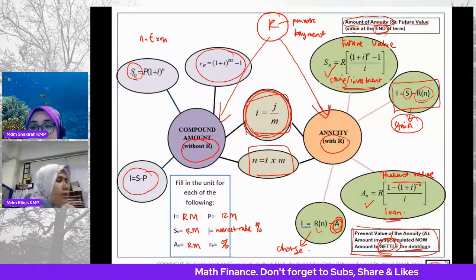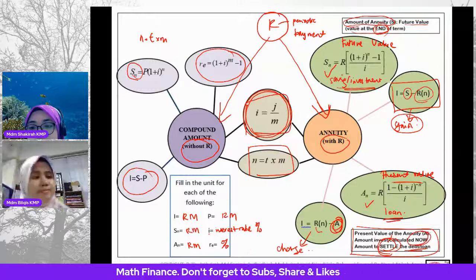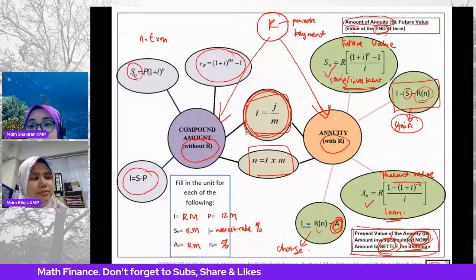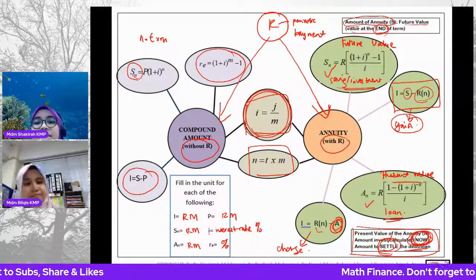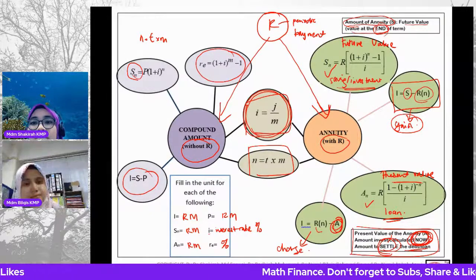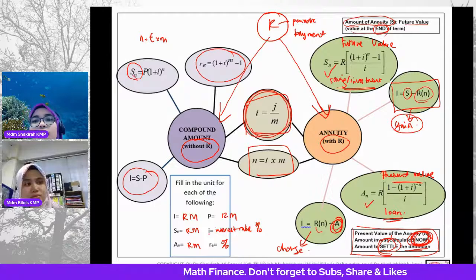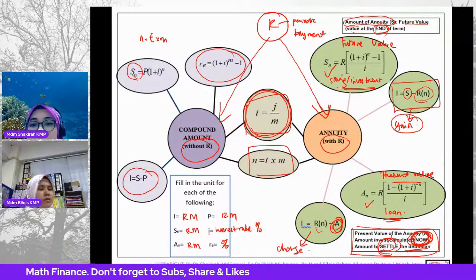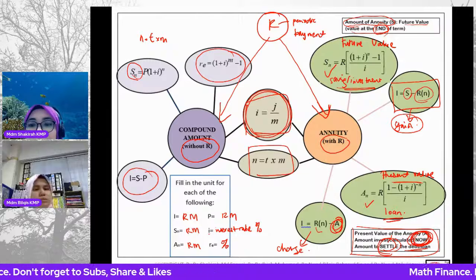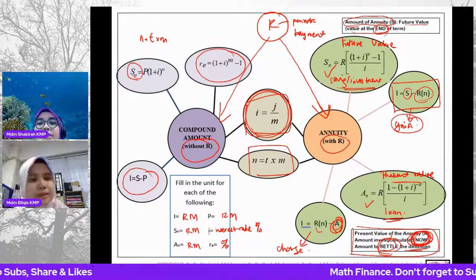Sebab dia kena now. The important hint is now. When you see the word now, how much the man needs to invest now, we need to use present value. And again, about loan, amount to settle the debt or loan, it will be present value.